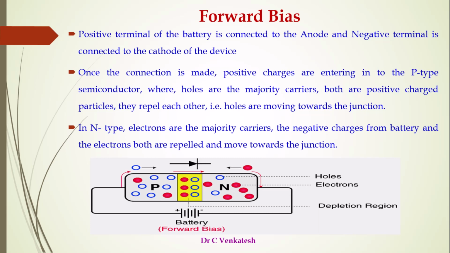The majority carriers from P-type material, that is holes, are attracted by the negative terminal of the battery. Similarly, electrons from the N-type material are attracted by the positive terminal of the battery.